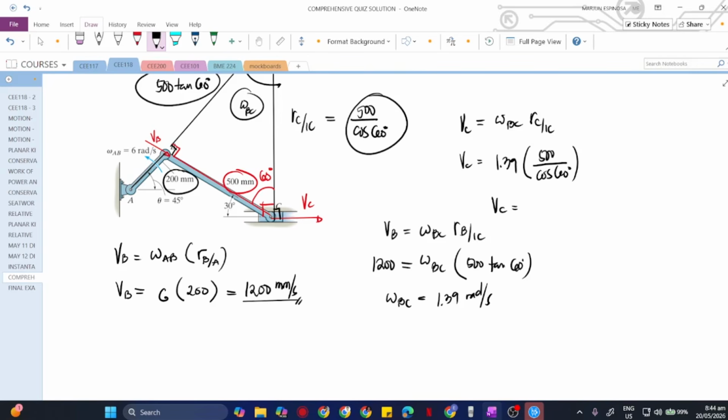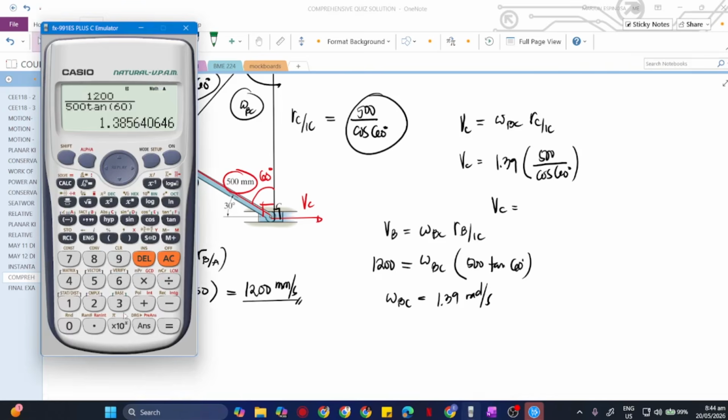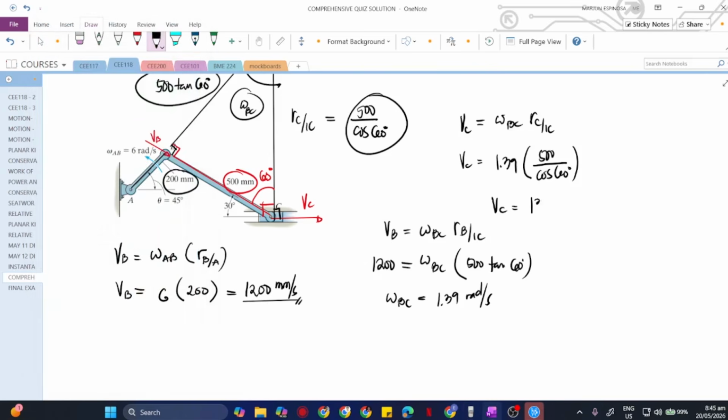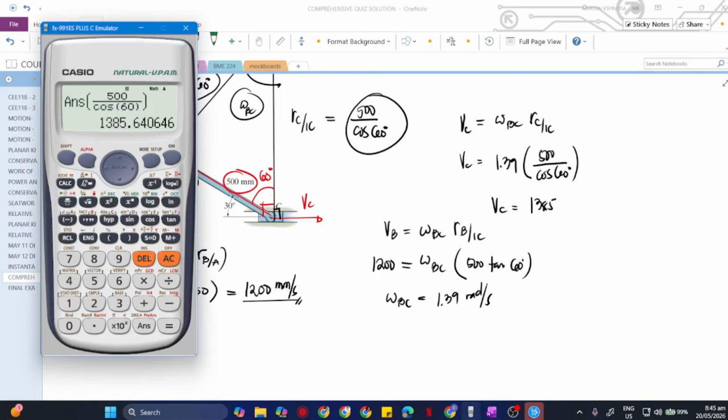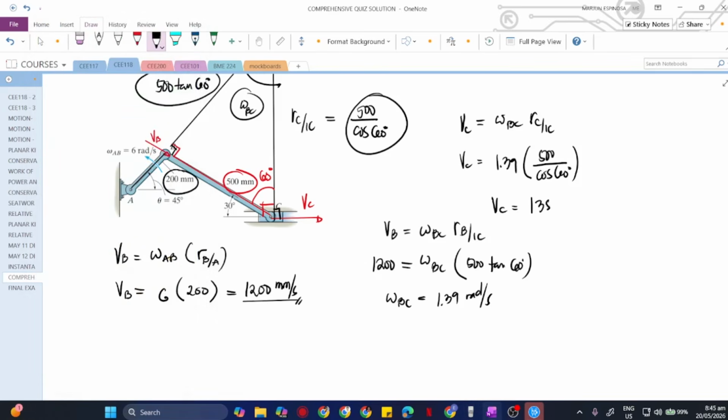Make sure you are in degree mode. So that would give us 1.1385, or 1.386.